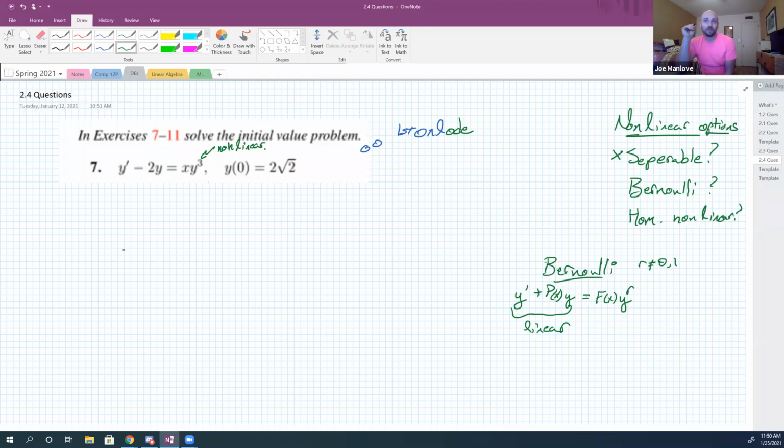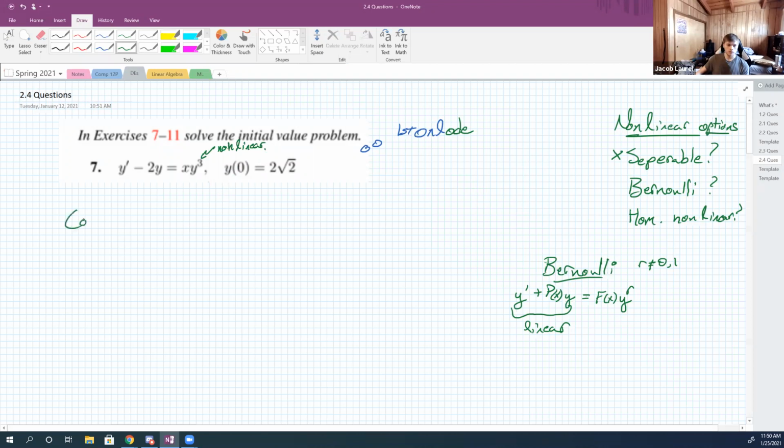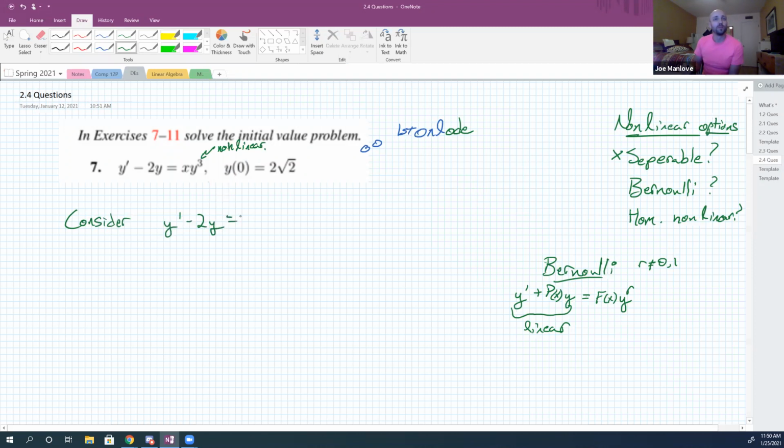All right, so how do I actually apply the Bernoulli technique? Jacob, you started off on a good thought. What was it? Solve the left side as if it was a homogeneous equation. Okay, so let's consider y prime minus 2y equals 0. How do you solve this thing? Add 2y to the other side and divide by y.